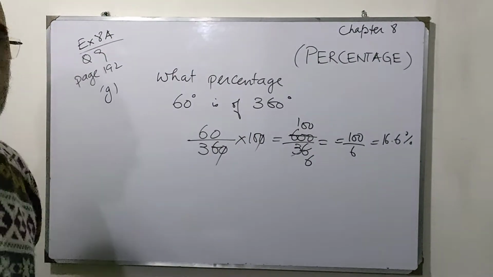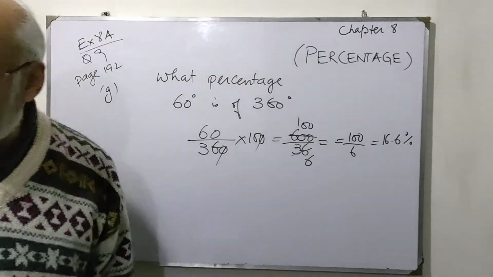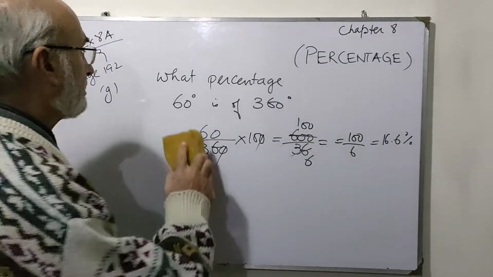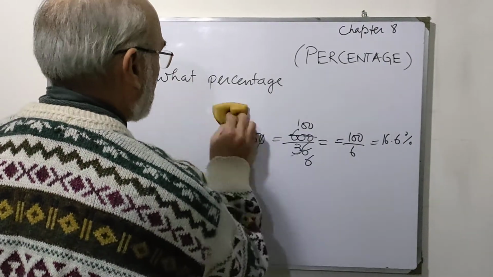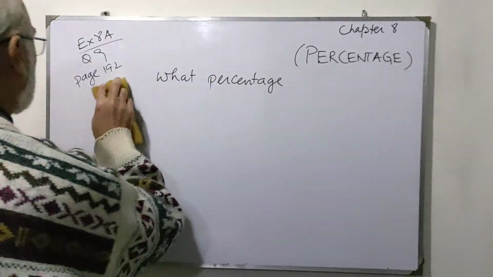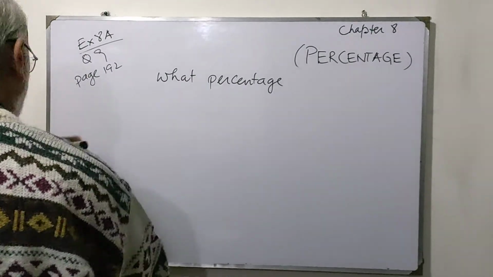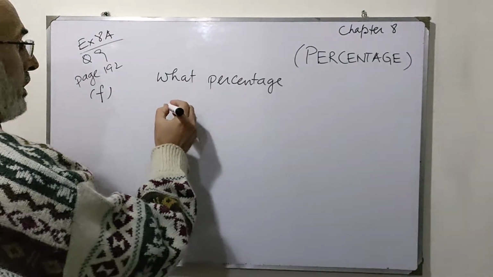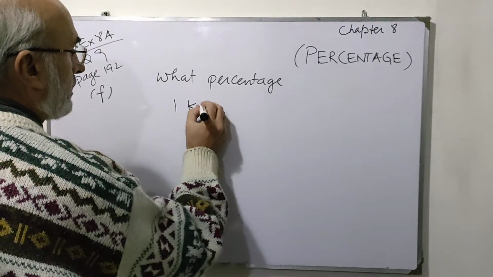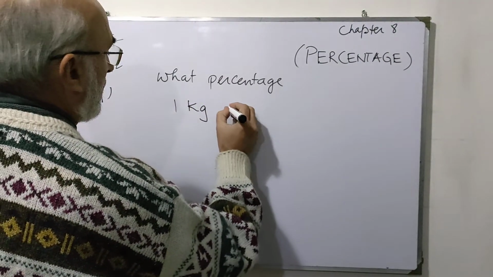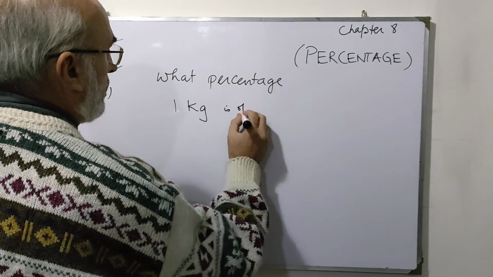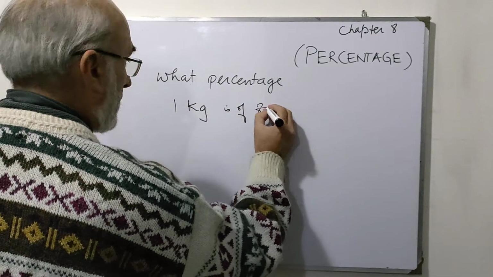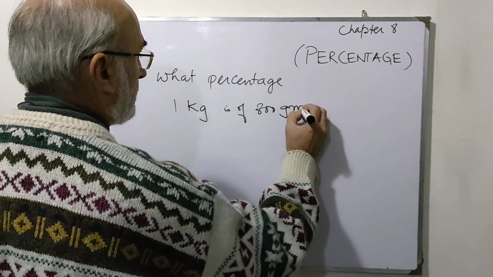Okay, let's take another example from the same question. F part. 1 kg is of 800 grams.